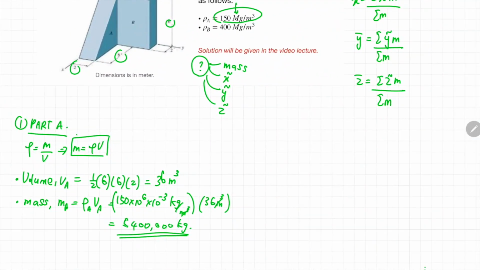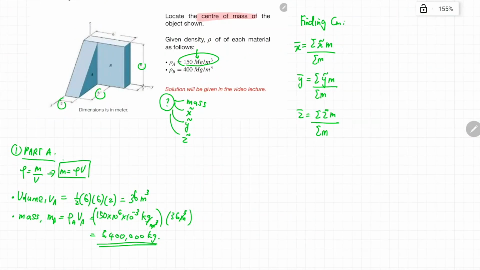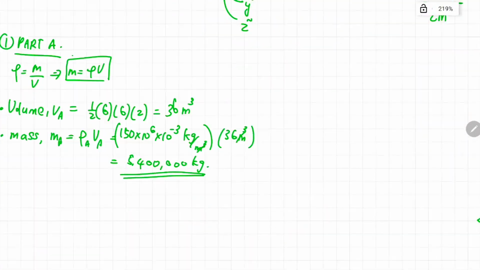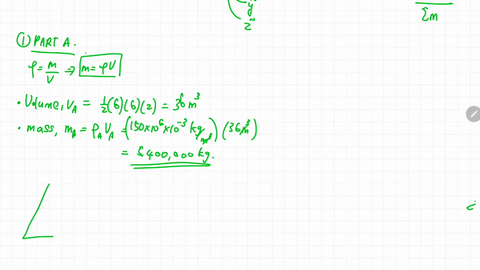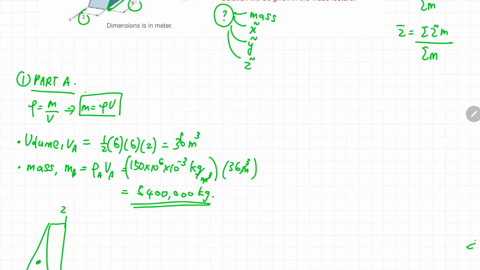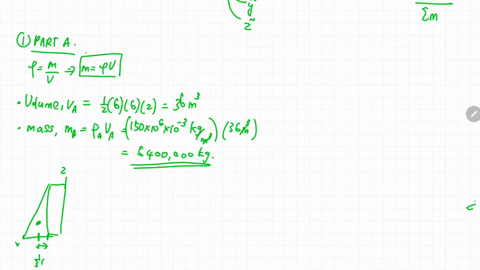Now we have to locate the centroid of this triangular prism. If you were to redraw the block from the perspective of the z axis into the dimensional view, this triangle would be the cross section of block A. And don't forget the cross section of block B, which is this area. The centroid of block A would be 1/3 from the base and also 1/3 from the height. 1/3 of the 6 meter base is 2 meter.